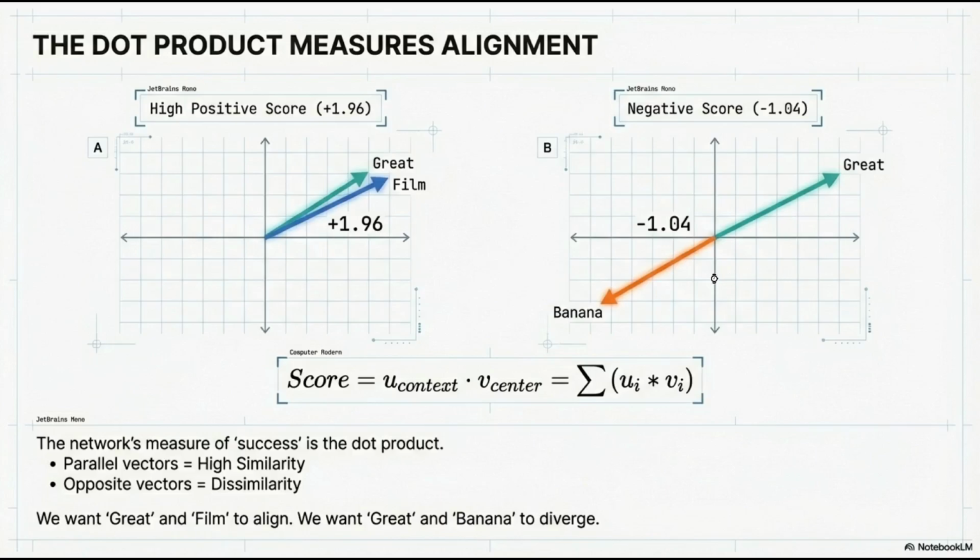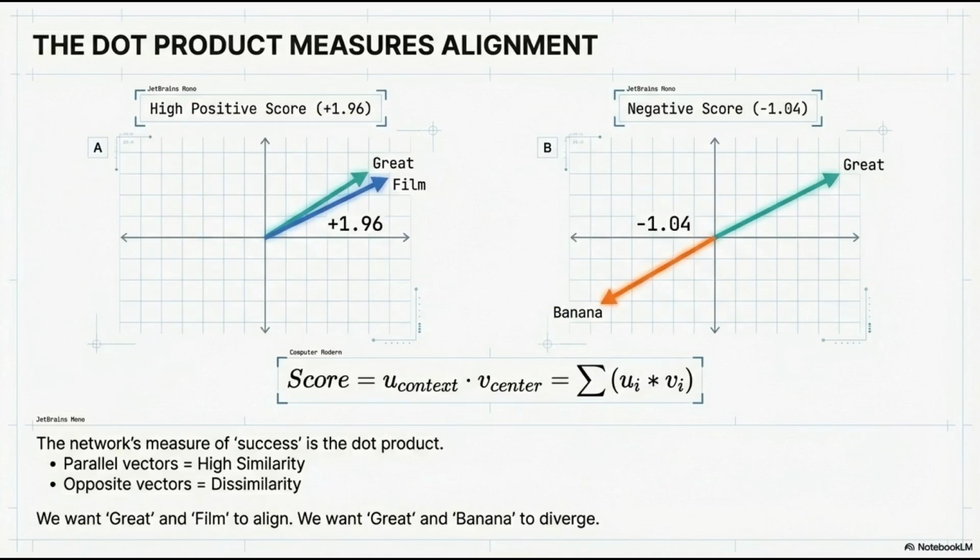So how does this neural network know if great and film match? It calculates a score using the dot product. We take the vector for great and the vector for film, multiply their elements and sum them up. If the vectors point in the same direction, the dot product is a large positive number.